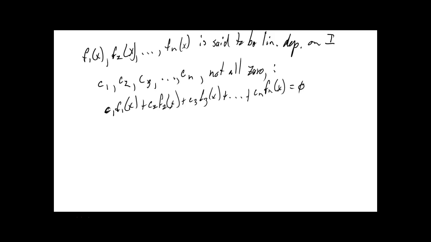So in other words, a set of functions is linearly independent on the interval I if the only constants that make this true are when every one of those constants is 0. Because if they weren't, then you could take all that were equal to 0, move the others to the other side, and then those depend on each other. For all the C's to be 0, that would be linearly independent.